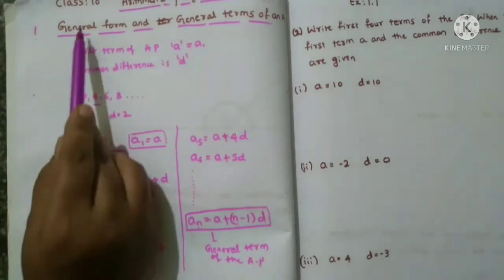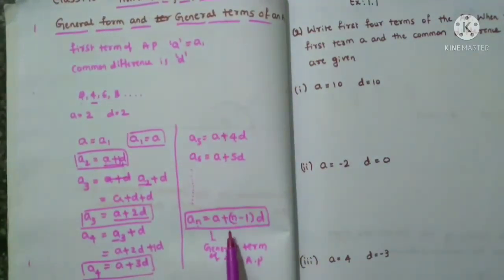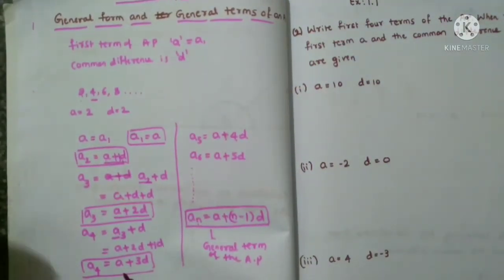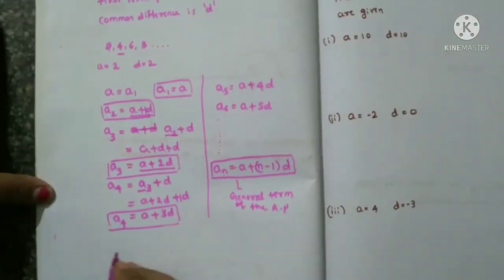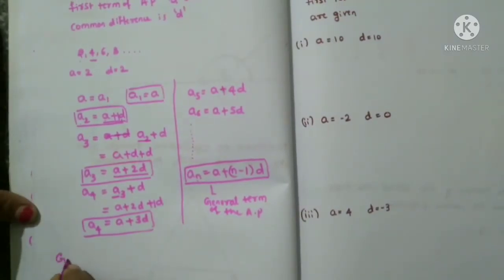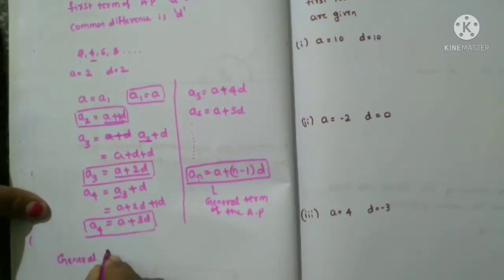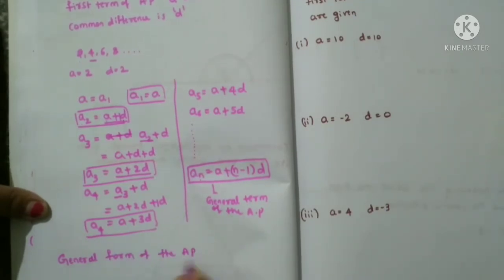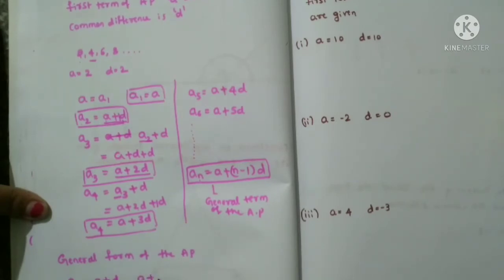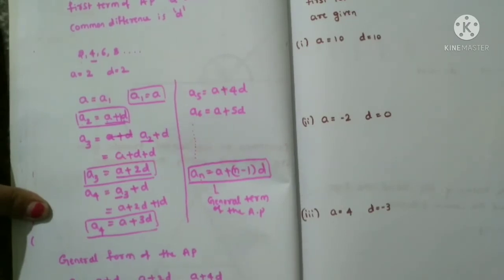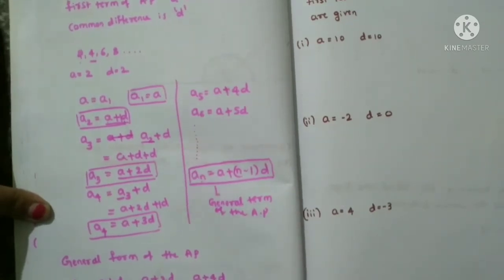I am explaining general form and general term. Now I told you the general term. Now we'll see the general form of the AP. The general form of the AP is a first term, a plus d second term, a plus 2d third term, a plus 3d fourth term, like that it will continue.